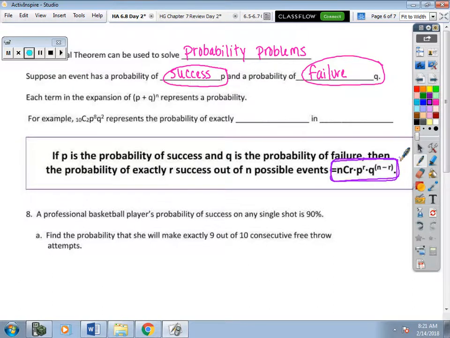Okay, so we'll be using combinations. Let's look at what the variables stand for first. So n is going to be our number of total possible events. R is going to be the number of successes that we want.